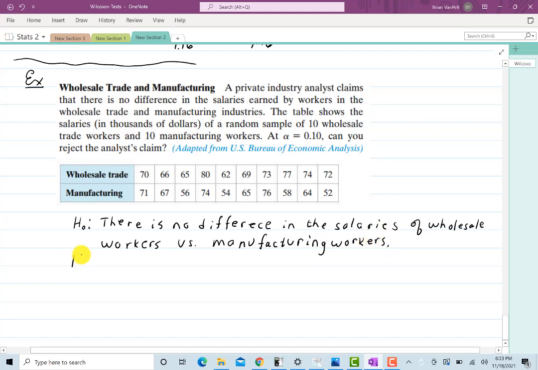So then HA would be there is a difference in the salaries of the wholesale workers versus the manufacturing workers.